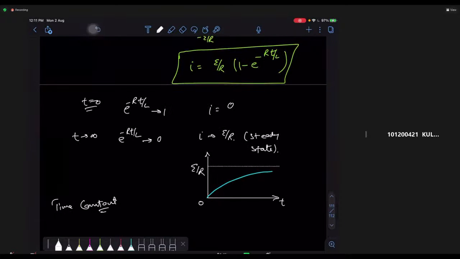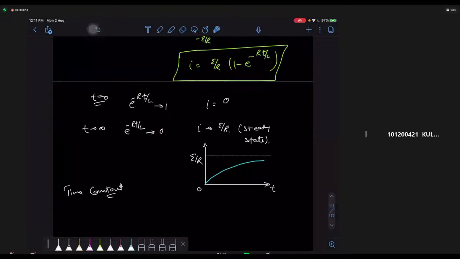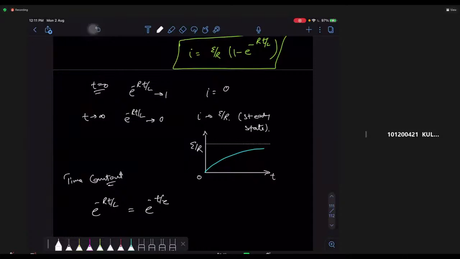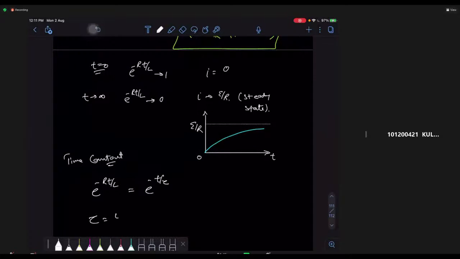So in this case, how is my exponential changing? This exponential factor is minus Rt by L. So I can say the time constant here is L by R.